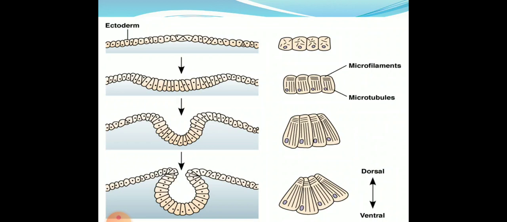The anterior portion of the neural tube differentiates into the brain, and the posterior part of the neural tube differentiates into the spinal cord. The embryonic stage which has the neural plate or the neural tube is called neurula.